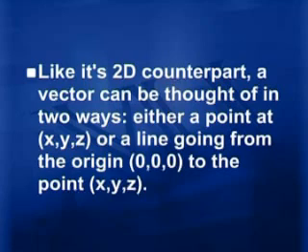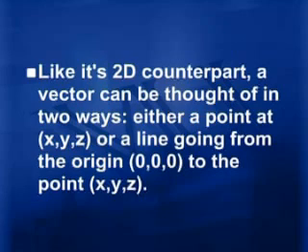A few basic things that we did cover while talking about vectors. So, the definition of a 3D vector: like its 2D counterpart, a vector can be thought of in two ways. Either a point like xyz, or a line going from the origin, which is 0, 0, 0, to the point xyz.